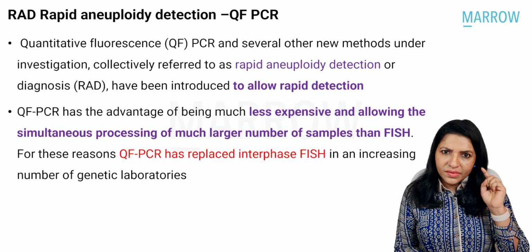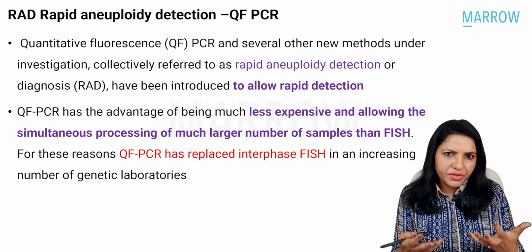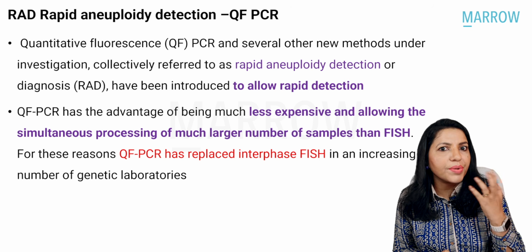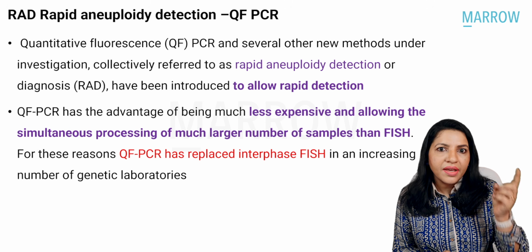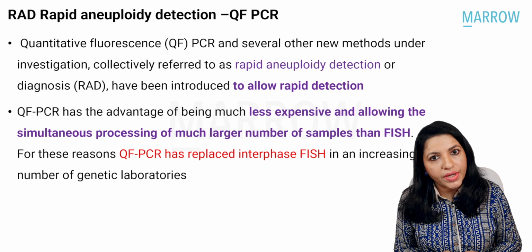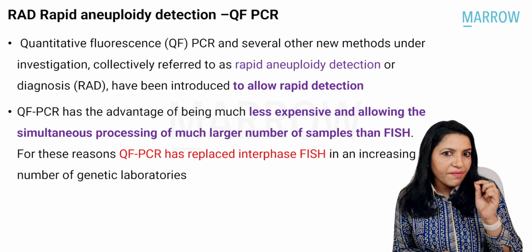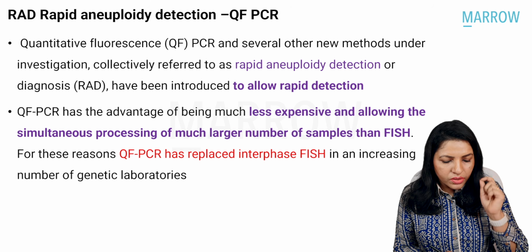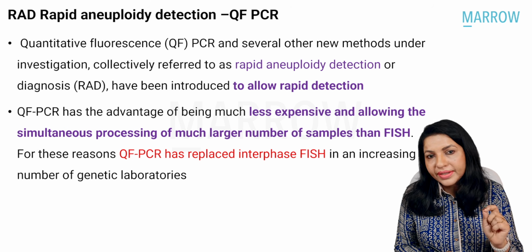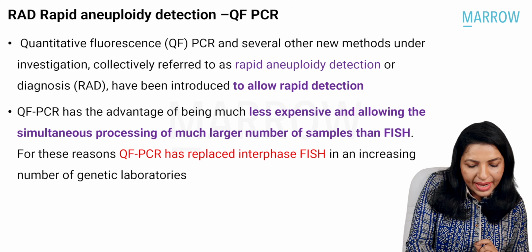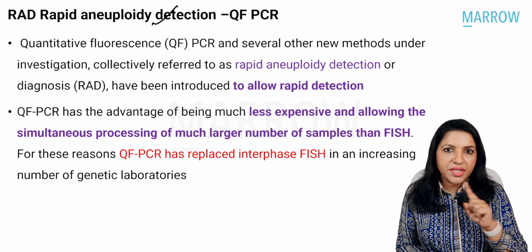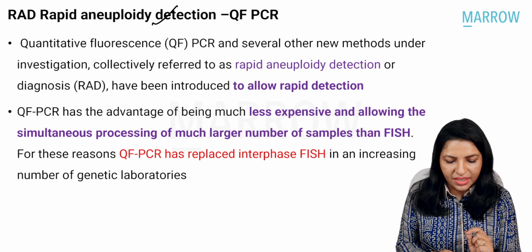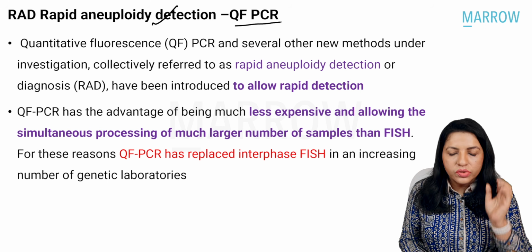Again, the next technique which evolved is rapid aneuploidy detection, because as far as prenatal screening is concerned, rapid detection is very, very important, as each and every day is crucial, especially in the prenatal period. So another technique that we are using for rapid aneuploidy detection, called RAD, is quantitative fluorescent PCR, QF-PCR.